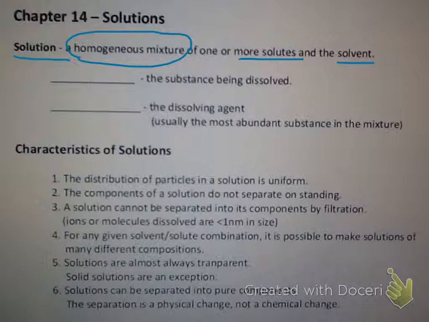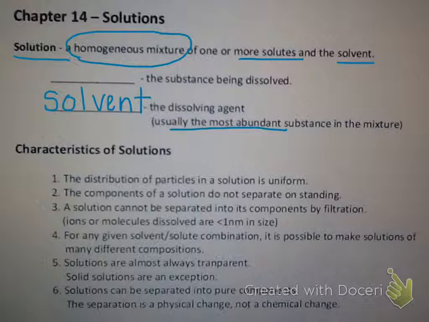So the solvent is the dissolving agent. If you were to dissolve salt into water, to make a saltwater solution, the water would be the solvent. It's the dissolving agent. Usually it's the one that's most abundant in the mixture.